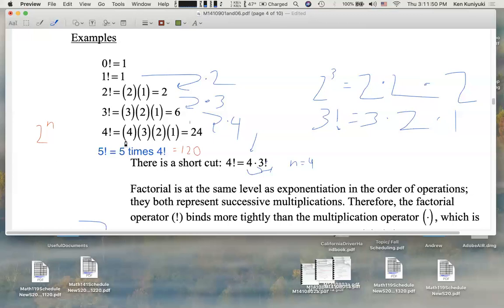Here, you're multiplying by bigger and bigger numbers. So n factorial grows even faster than 2 to the n, or 3 to the n, or in the long run, even something like 1,000 to the n. The point is, factorial grows very fast, eventually faster than any basic exponential.